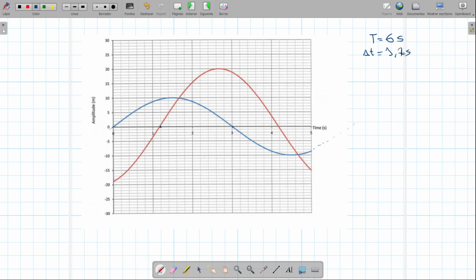Okay, so again, we could consider that a whole period is 360 and do a proportion again, a ratio, or we can just use the formula again. As you see, both ways we're going to obtain the same thing. The difference in time, which is 1.2, is to the period, and then we multiply by 360, or 2 pi.